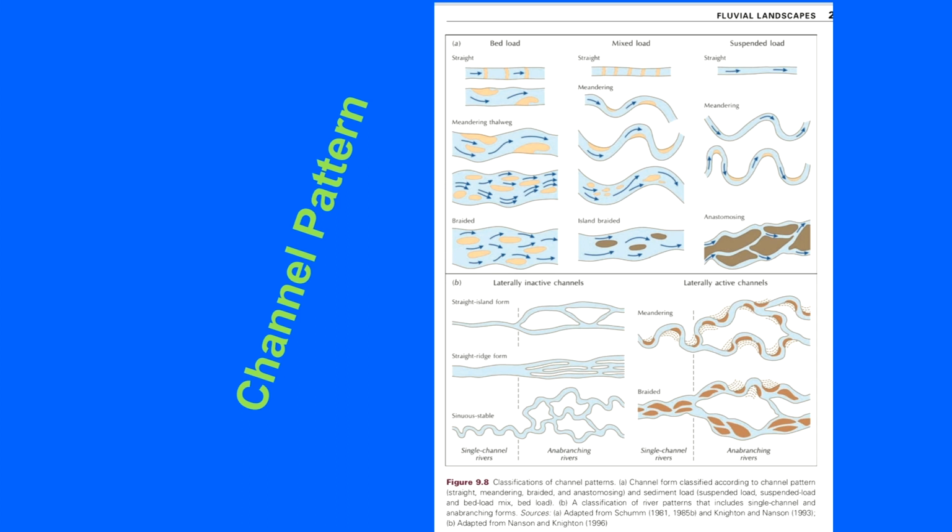So, this is the detail which has been given about the different channels, and what the bed load will be. So, you have the bed load here, mixed load and suspended load. You will be looking at different ones, and then we have also discussed the anastomosing channels, and the braided channels also. Okay. So, you can go through this one also.